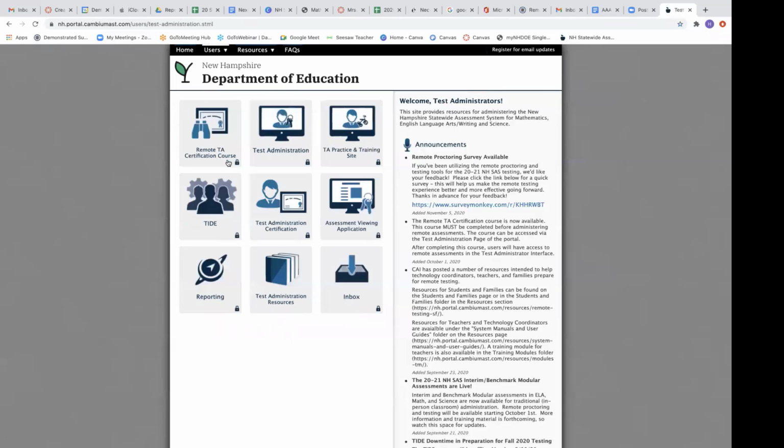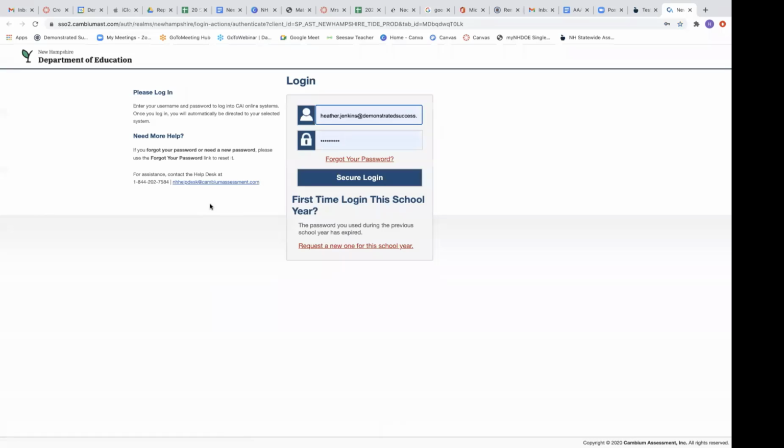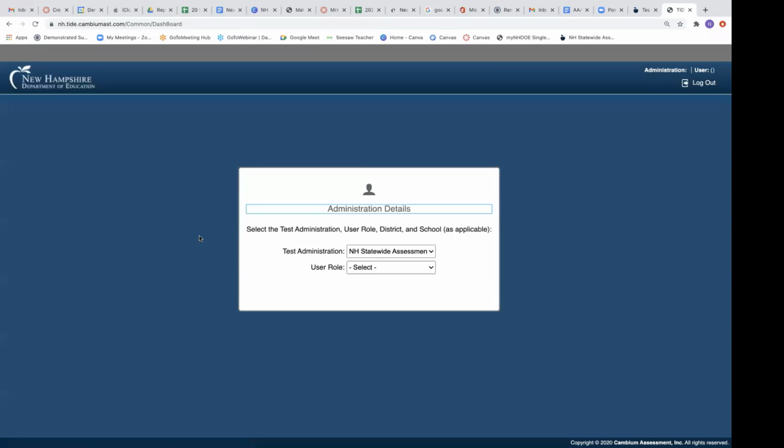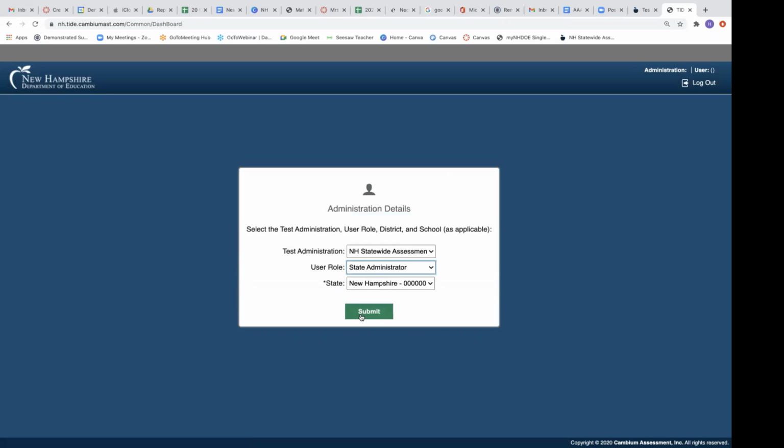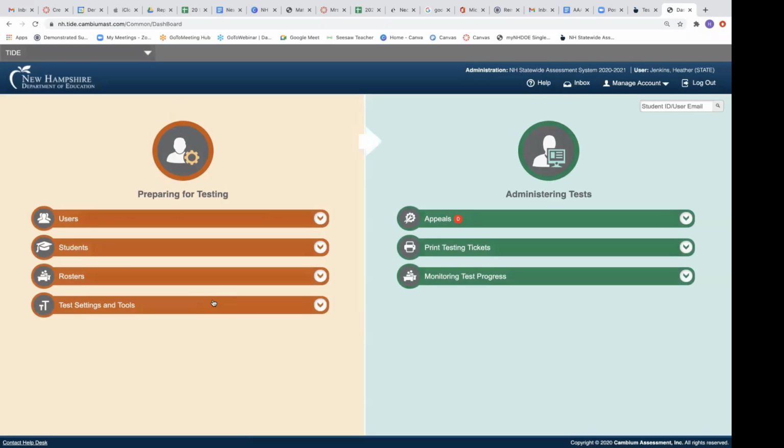If I go into test administration, where you're going to see your kids who might be in the process or haven't finished or completed an assessment, you go into TIDE. You have to log in, so you need to have access to TIDE to be able to see this. And then you'll choose your user role. It's different than mine, but if you're used to getting into the system, this is how you would get in.